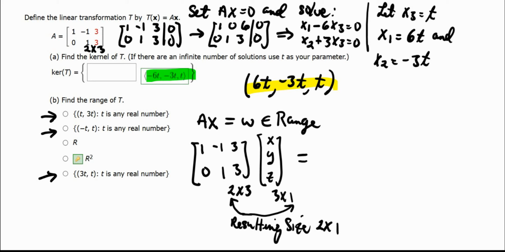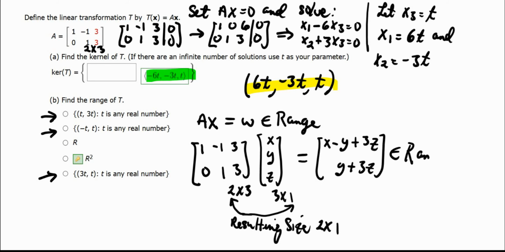So what's going in the range is a 2-tuple vector, right? So this range looks like this: x minus y plus 3z. That's just one value. And then this is y plus 3z. And this is in the range. If I had put numbers there for x, y, and z, like 1, 2, and 3, we would have gotten two numbers, right? So this guy here is a 2 by 1.